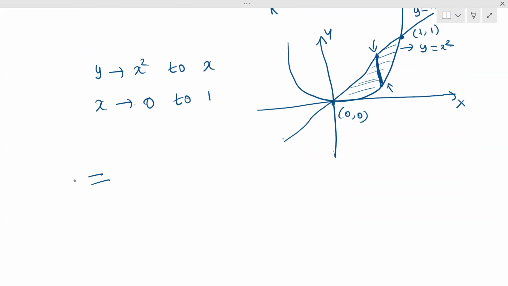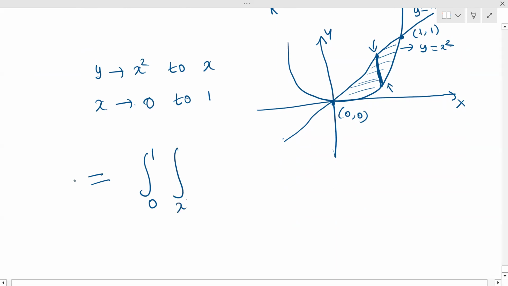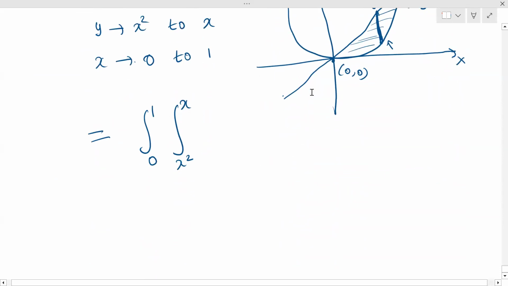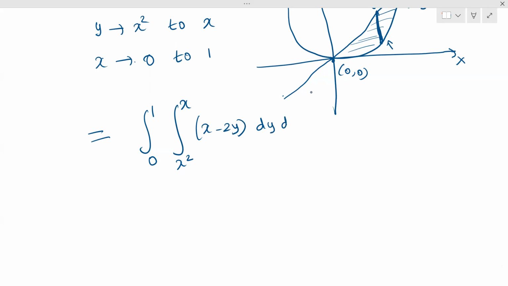So our integration is equal to x varies from 0 to 1 and y varies from x square to x, and what is the function? x minus 2y. Here first we are doing with respect to y, so we have to write dy dx. If you are doing dx dy, that is also correct.